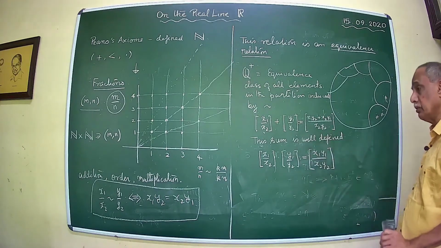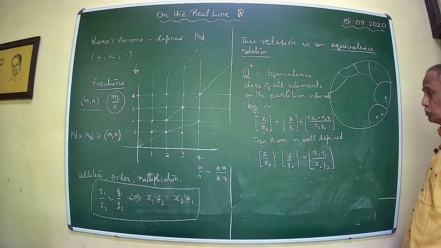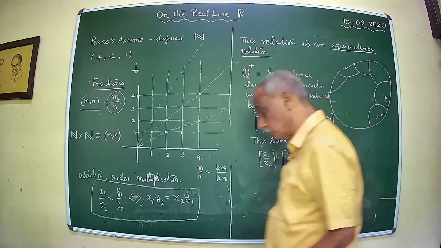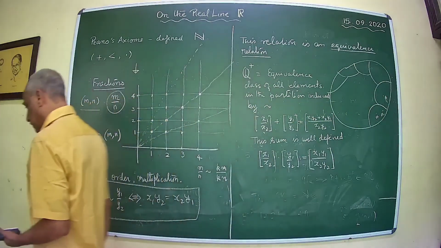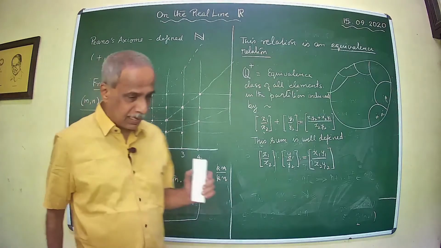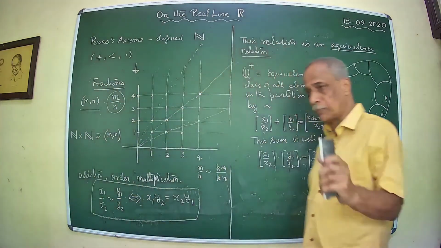Using this relation, you can verify that it is really true. Therefore, irrespective of the representative element that you choose to perform the computation, you always end up with the same result, so the sum is properly defined, and the product is properly defined.